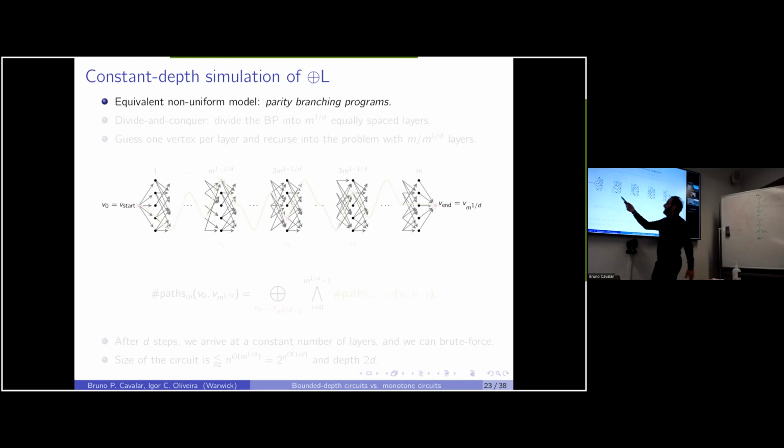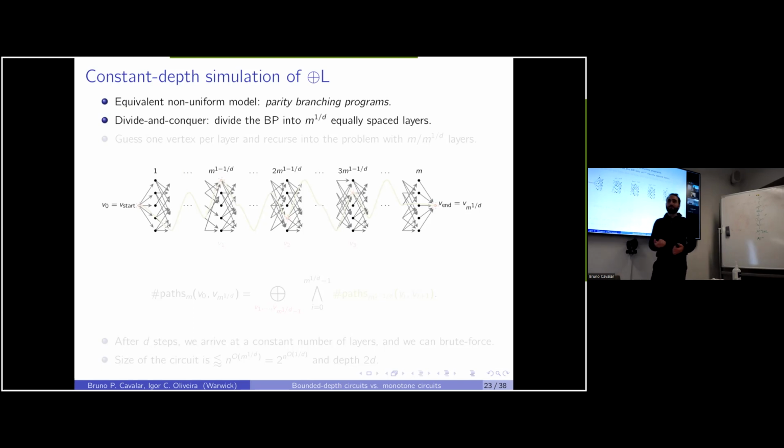You have a special start vertex and a special end vertex, and the edges are labeled with input bits. When you receive an input, this activates certain paths from start to finish. And if the number of paths from start to finish is odd, then the parity branching program accepts the input.